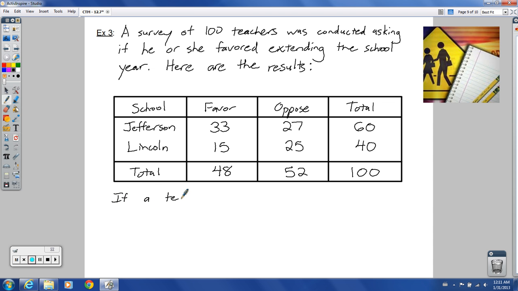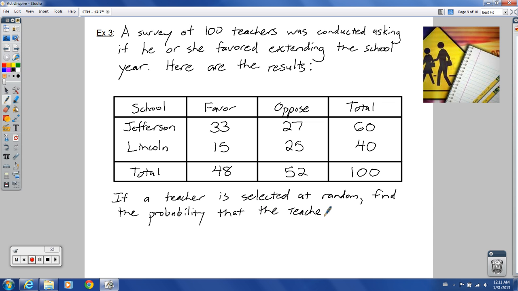And here's the rest of the problem. If a teacher is selected at random, find the probability that the teacher, and then some different parts to this as well.